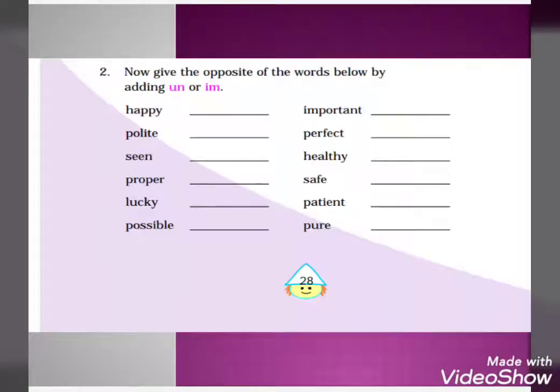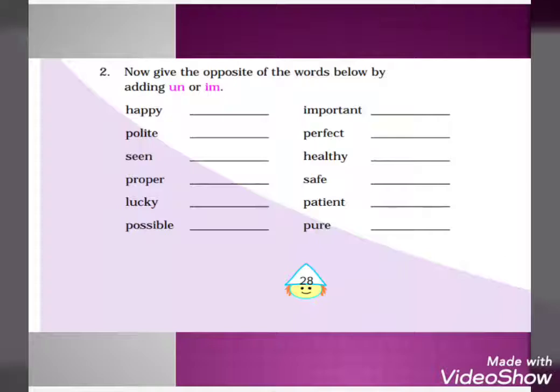Next one, now give the opposite of the words below by adding an or im. Adding words before or after is called prefix and suffix. Here they have given you some list of words. You have to add an or im. This is called prefix.